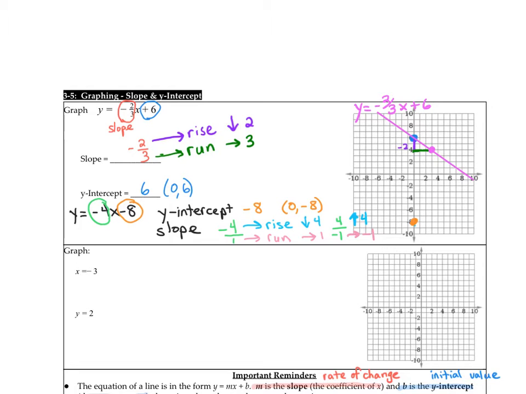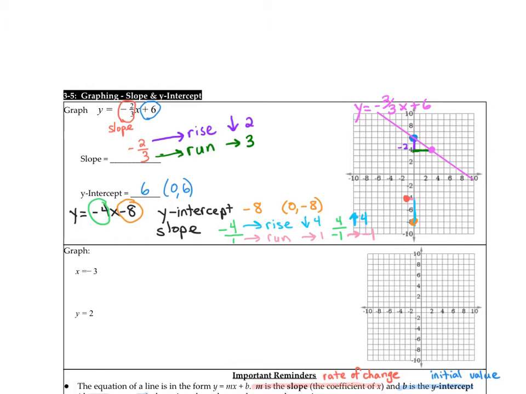So from that y-intercept, instead of going down 4, you're going to go up 4, and instead of going right 1, you're going to go left 1. And that's where your second point is going to be.